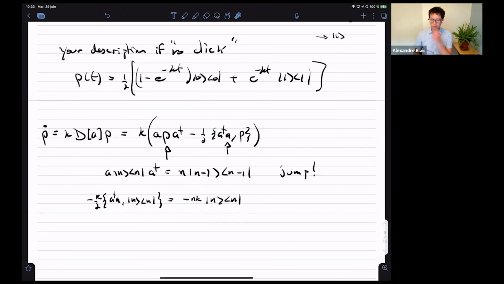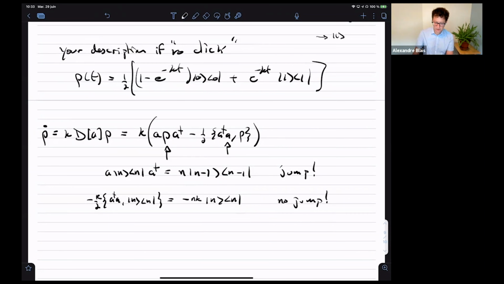So the probability that there is a photon is decreasing in time. That corresponds exactly to this no click or no jump term that we saw.